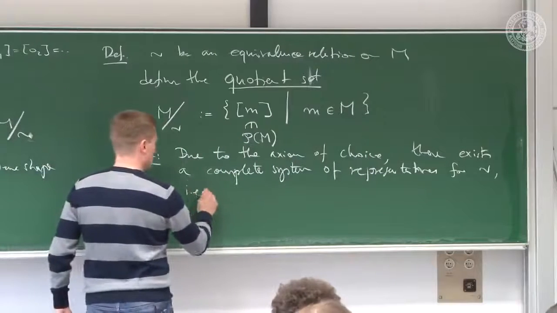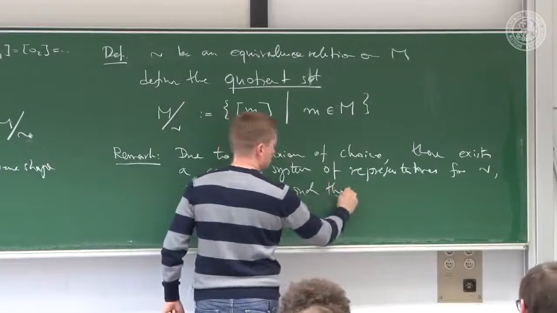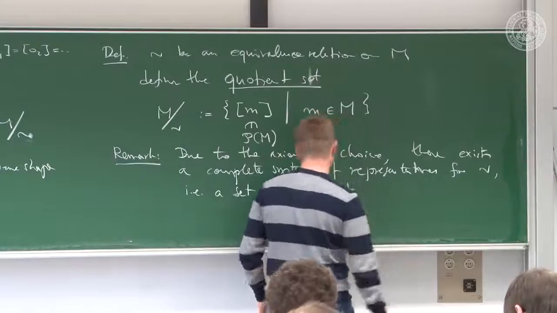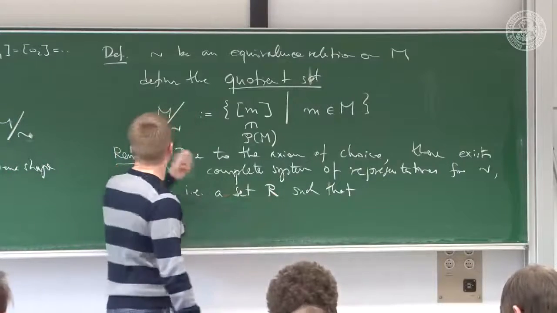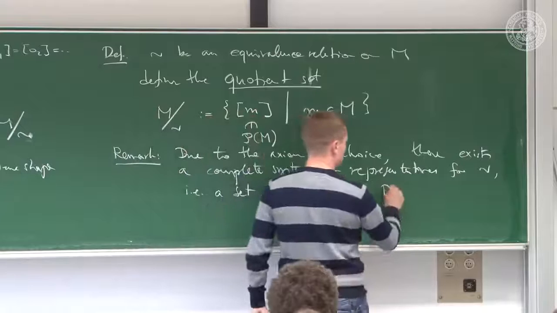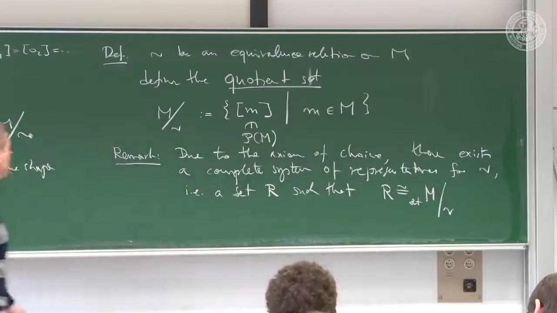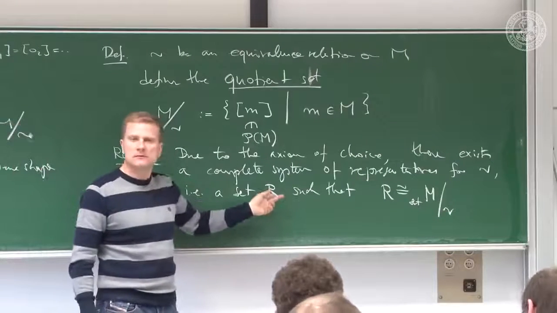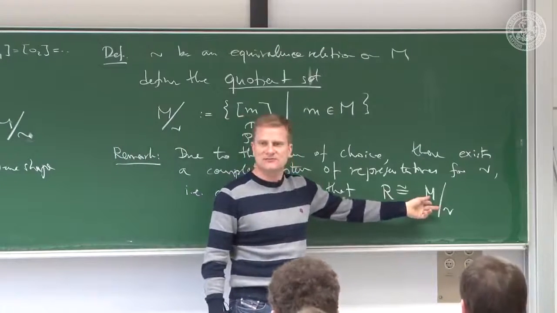That is a set R such that there is a one-to-one correspondence, a bijection, between the elements of R and the quotient set. Namely, you pick from each class one element and put it into the set R. And then obviously you represent every single class.